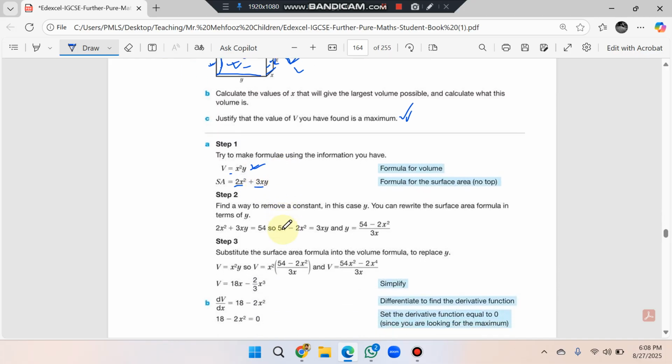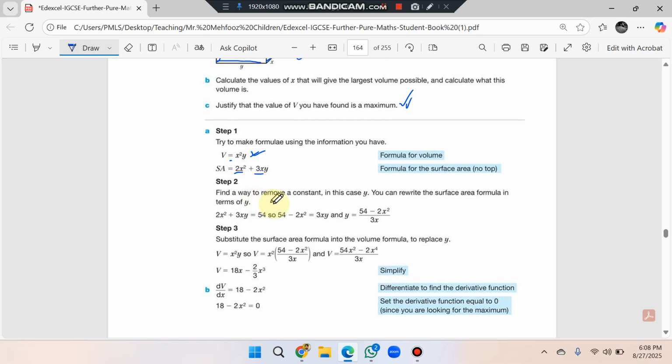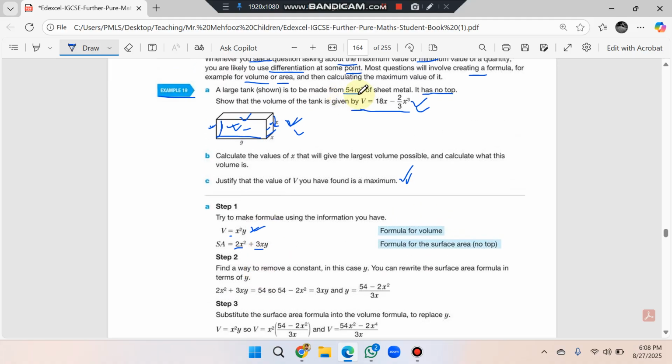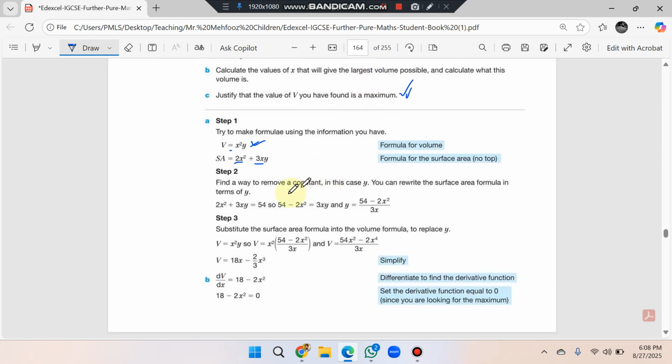After that, the second step is to find a way to remove a variable. In this case, y, you can write the surface area formula in terms of y. So we can write the surface area formula in terms of y, as it is given that the area is 54 meters squared.